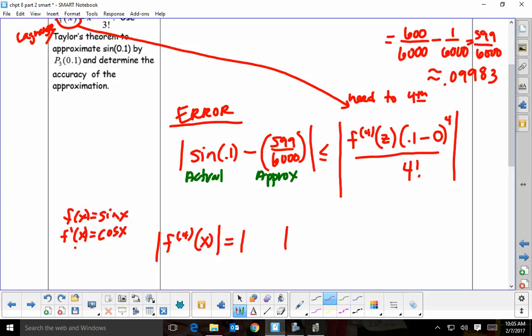Keep going until you find the fourth derivative. Where are you back to? Sine x.